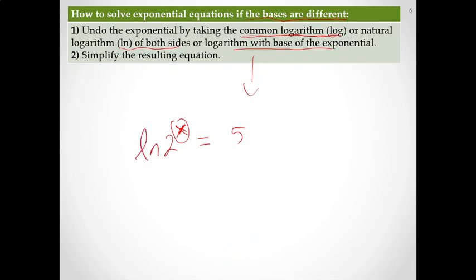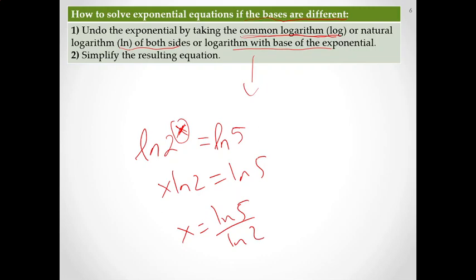So we could take the ln of both sides. By the property of logarithm, you have x ln 2 equals ln 5, and x will end up with ln 5 over ln 2. This is mathematically the same as the previous one.